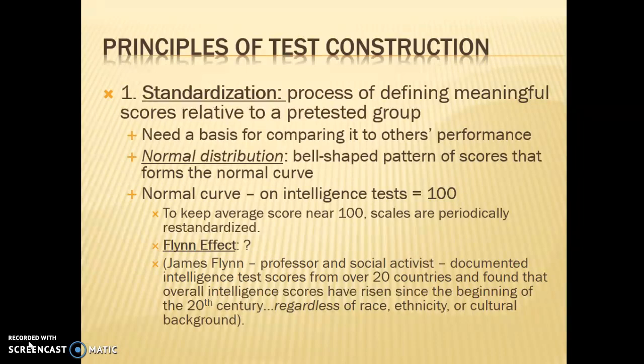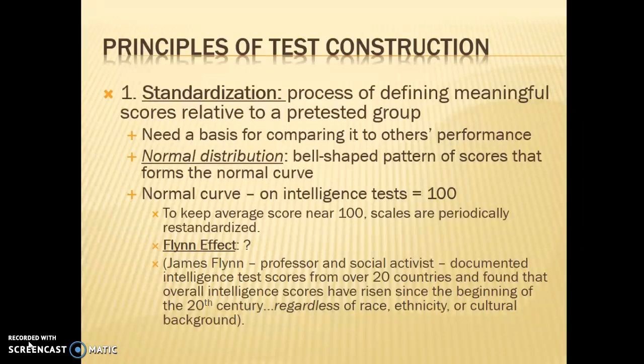To keep the average score near 100, scales will often be re-standardized. They will retest a sample group, so they might do one in the 90s, then the early 2000s, and the late 2000s. To re-standardize, they would test the score again, find out the average, and that would be the baseline for comparing test scores to another person who takes it.